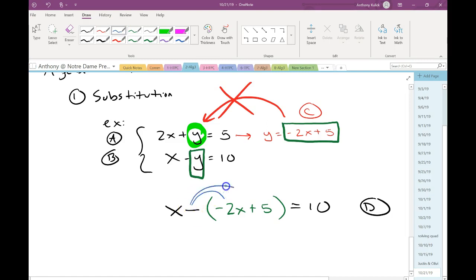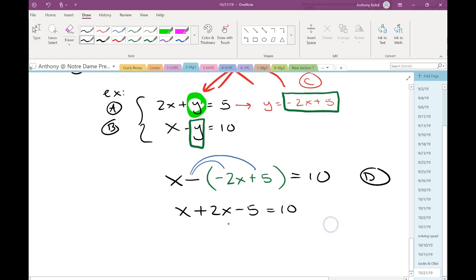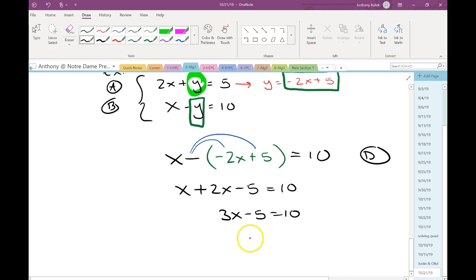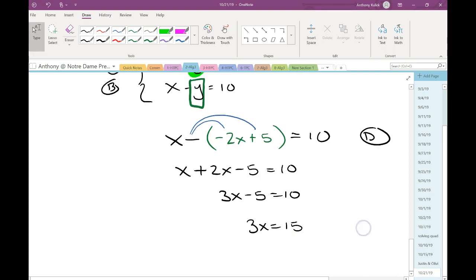So I'll just distribute my negative. I'll combine x and 2x to give me 3x. I'll add 5 to both sides. And then divide both sides by 3.